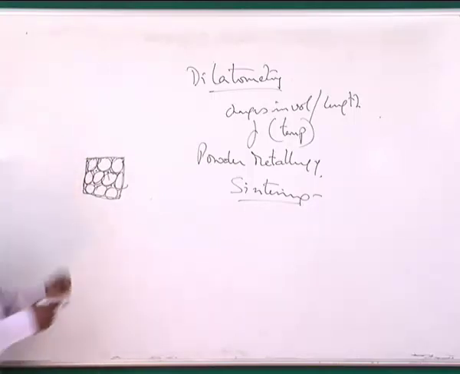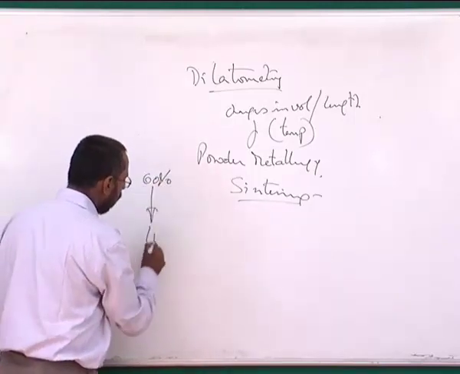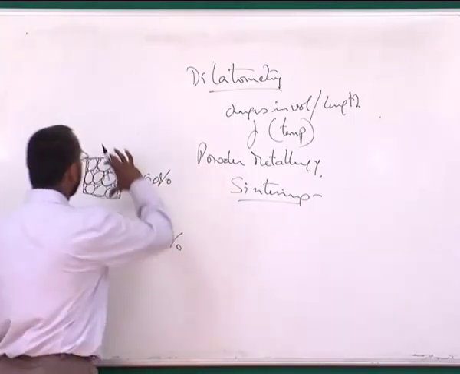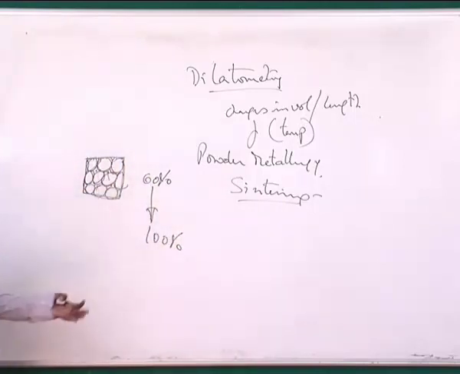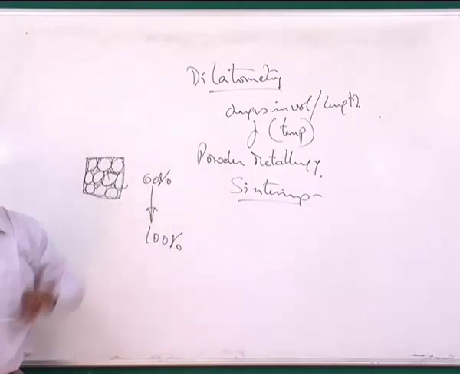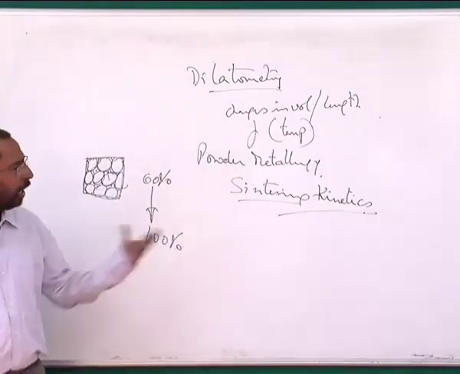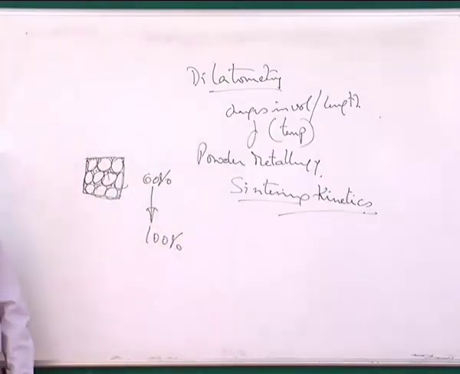So the green density, if it is about 60%, when this moves towards 100%, what you see is a volume shrinkage. So I can measure how the shrinkage is happening as a function of temperature in a dilatometer, and from that find out the sintering kinetics. Regularly, most of the people who work with powder metallurgy find out what should be the sintering temperature.